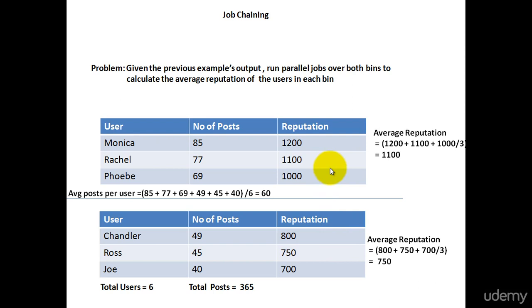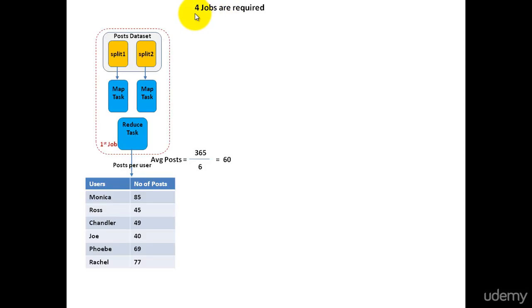To solve the given problems, we will be using most of the MapReduce design patterns that we used in the previous sessions. Actually, 4 jobs are required to solve this given problem. From the first job, we will compute the number of posts per user and the average posts per user.